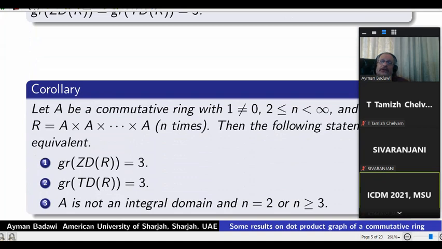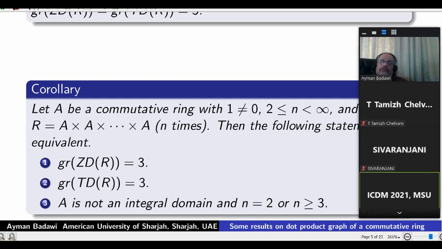Here is another connection between the structure of the ring and a graph. If you take R to be a product of n copies of A, and n is bigger or equal to 2, then these statements are equivalent.